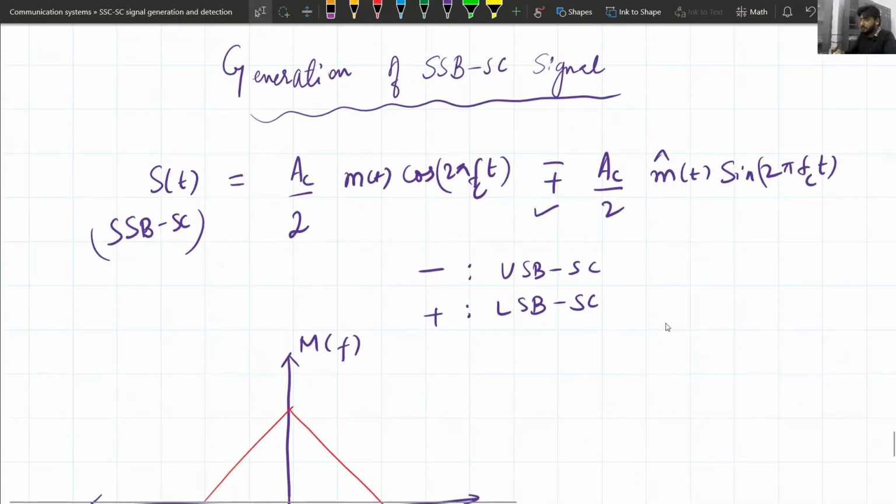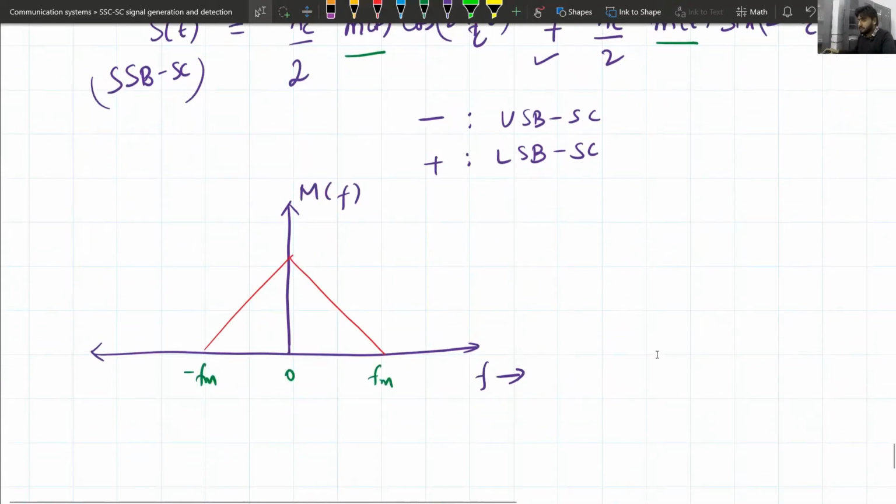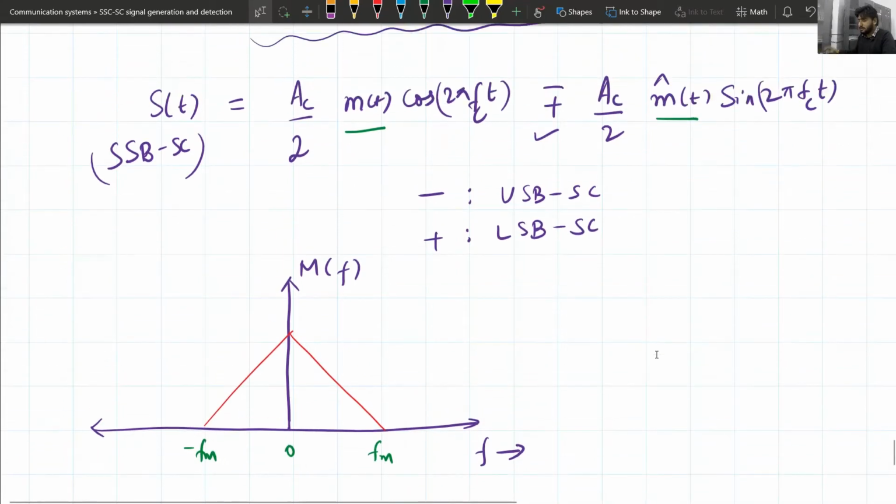Now we have two components here. One is the m(t), second is the m hat(t).